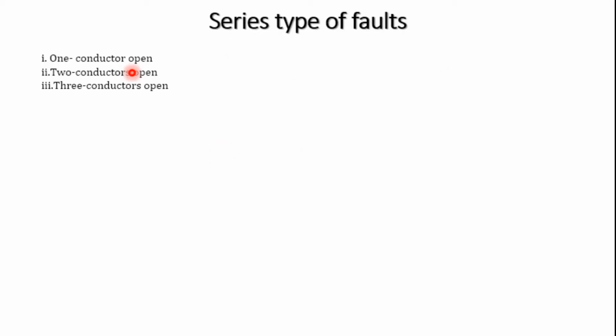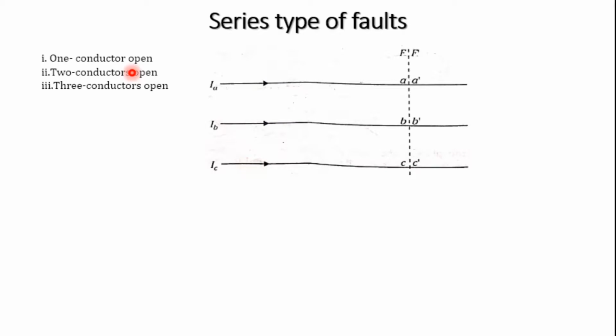So let us consider that an open conductor fault has just taken place. The ends of the system are considered as F and F dash, while the conductor ends are denoted by A dash, B dash and C dash. The voltages across the conductors can be written as V A to A dash, V B to B dash and V C to C dash.